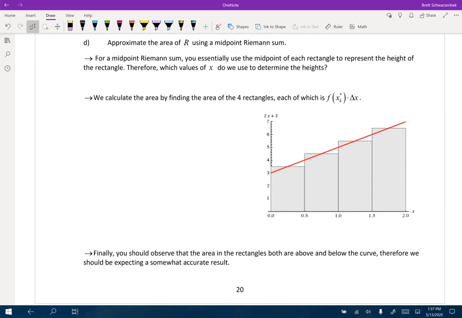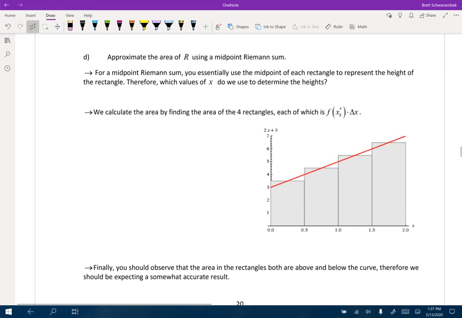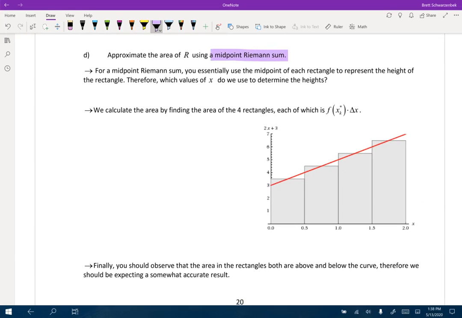Okay, so this is when it gets a little bit tricky, midpoint Riemann sum, right? If you look at the picture, you can clearly see that the rectangles are drawn at the midpoints of each subinterval, right? So we're looking at this and thinking, well, if this is the case, where are the heights going to be located?